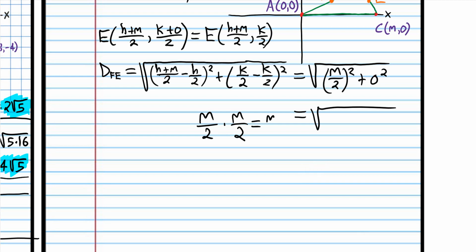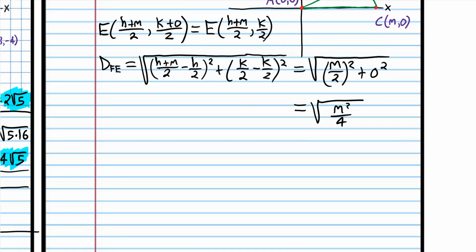And m times m is m squared, and 2 times 2 is 4. So m over 2 squared is just m squared over 4. And we don't have to write that 0 because 0 squared is just 0. So now we're left with the root of m squared over 4.